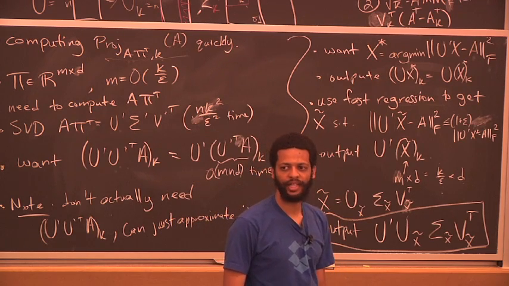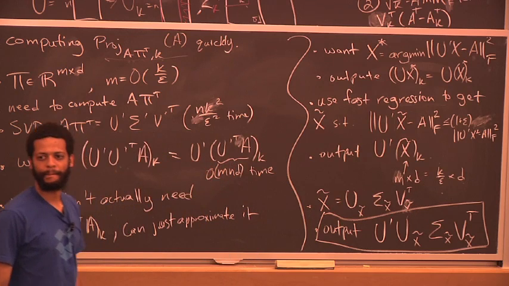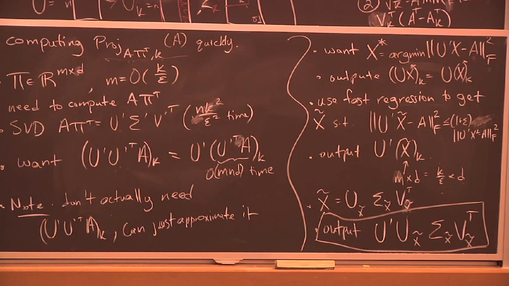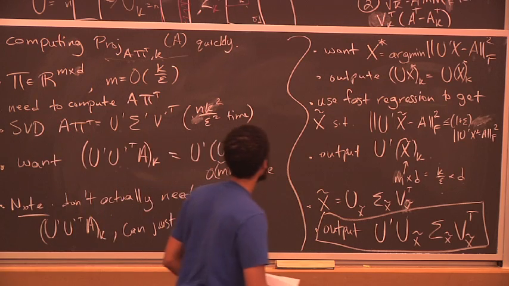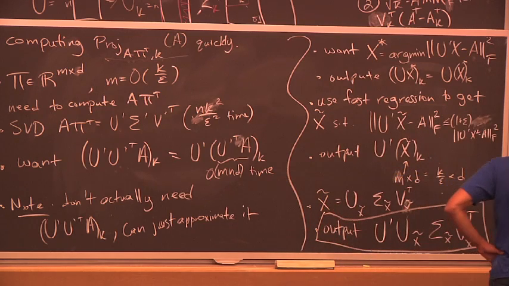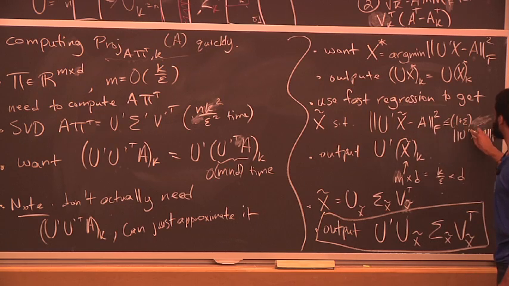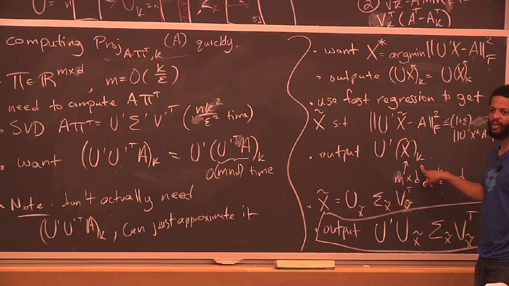Questions? Yeah. Is it obvious why adding and introducing an error doesn't hurt you once you take the rank K approximation? You're saying yes, this is true, but once I take the rank K approximation, why?